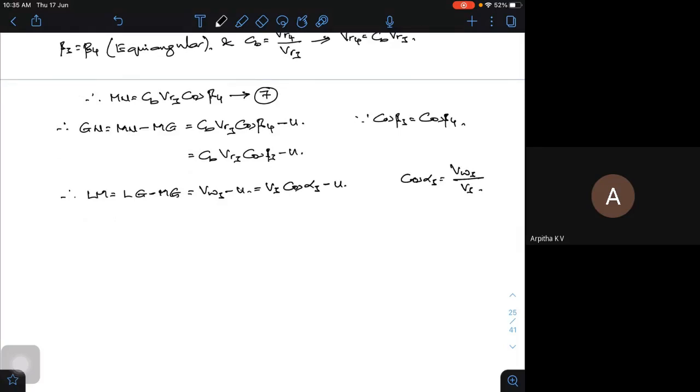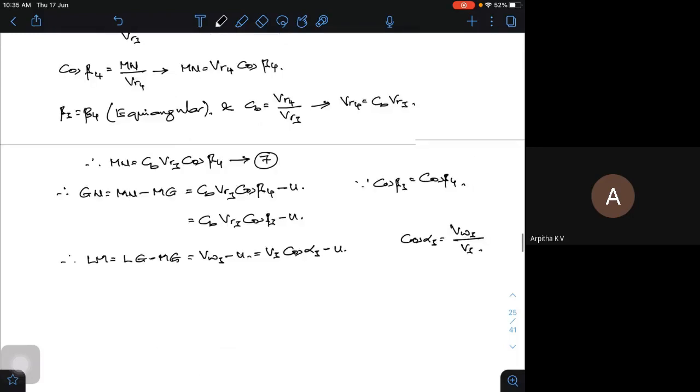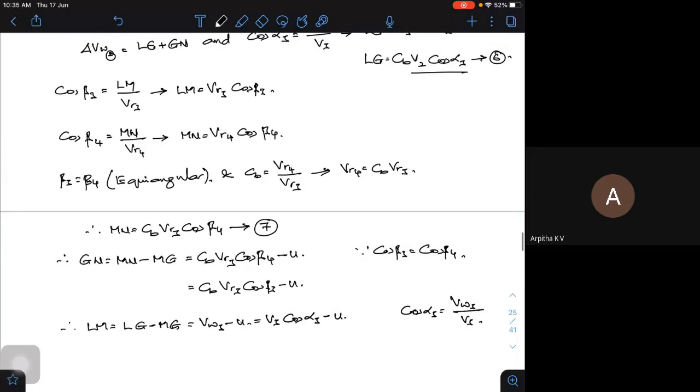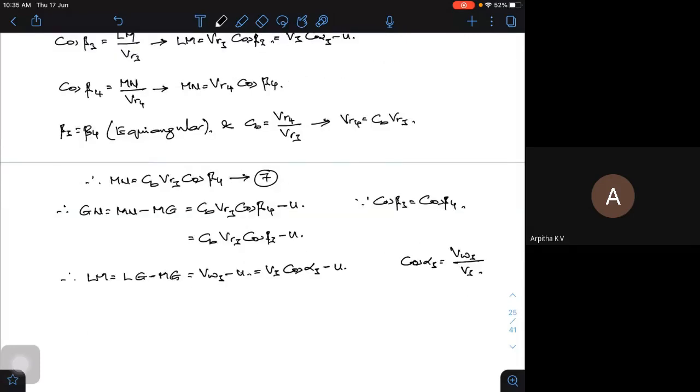Wherever you have this particular thing, I can write it as V3 cos alpha 3 minus U. I will try to write in terms of this quantity.